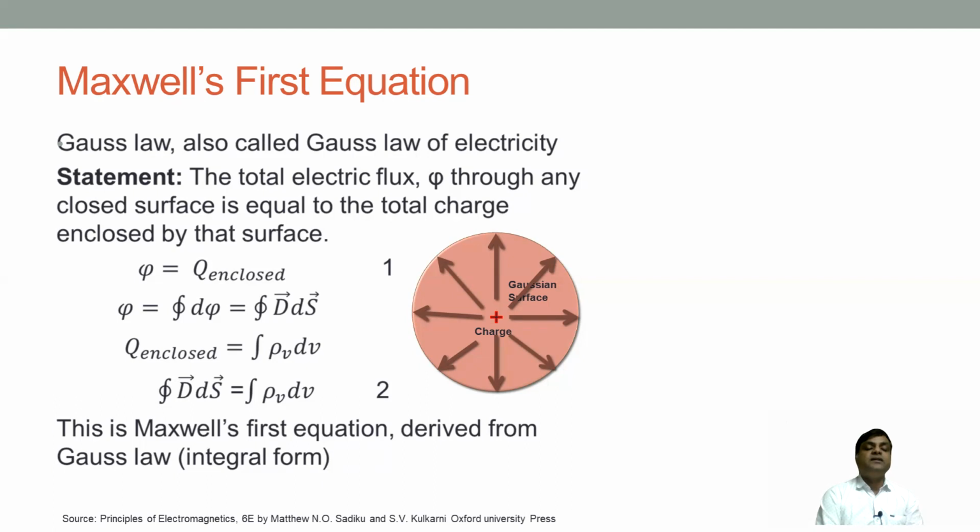So the integral of D dot dS is equal to the integral of rho v dv. The left-hand side is a surface integral and the right-hand side is a volume integral. That is called the Maxwell first equation, or Maxwell equation in integral form, or Maxwell equation derived from the Gauss law.